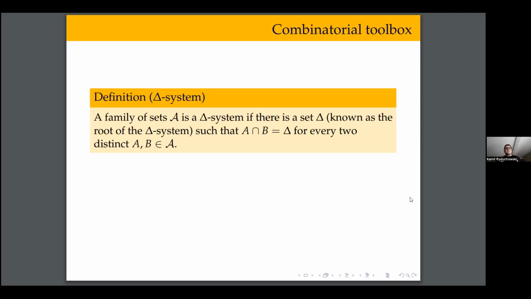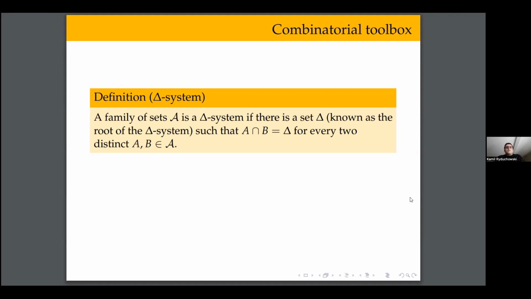So a delta system is such a family that there is some root Δ, some fragment that is a subset of every set in this family, and aside from Δ, they're pairwise disjoint.